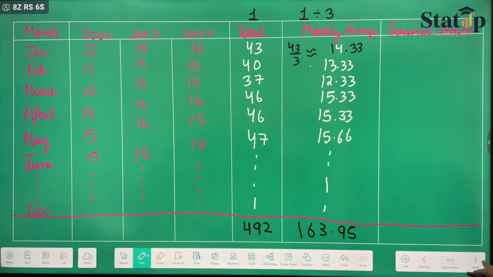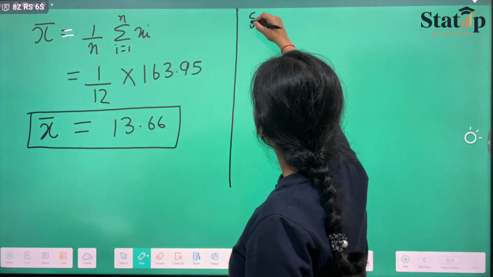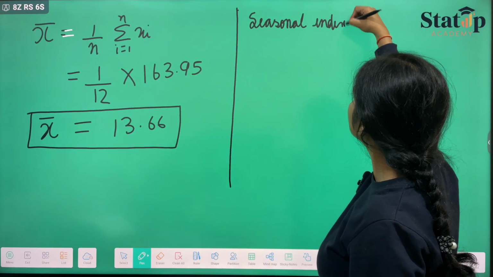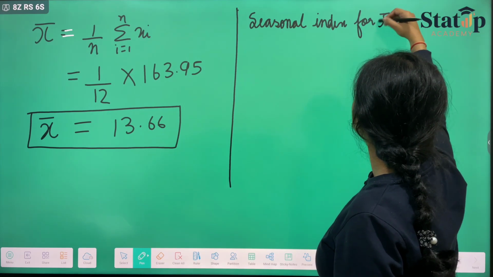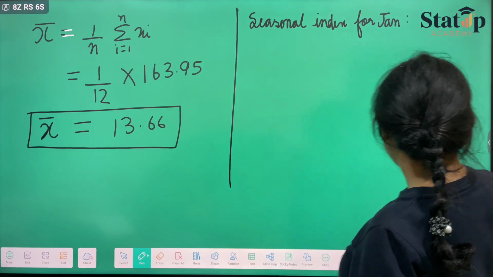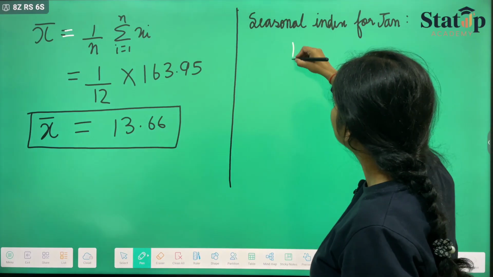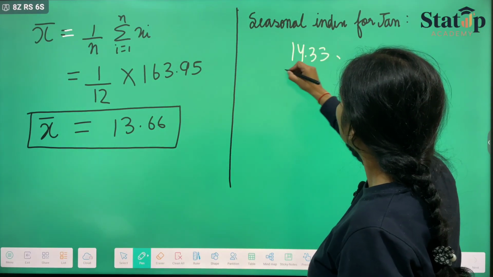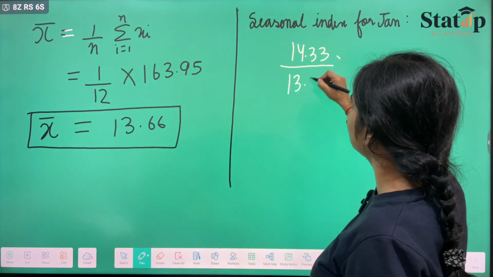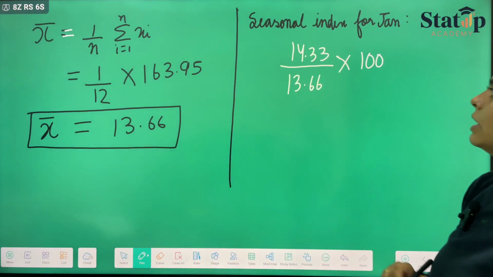The seasonal index for January would be the monthly average for January, 14.33, divided by this overall monthly average, which is 13.66, and multiplied by 100 because it is a percentage of the monthly average.